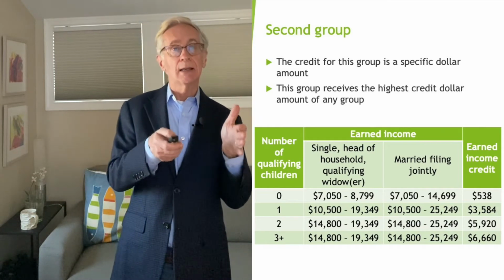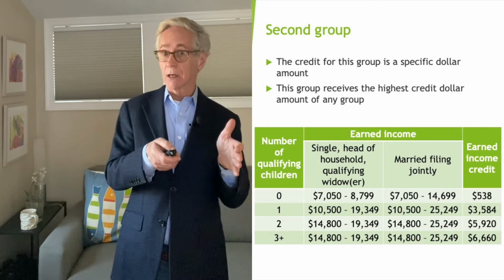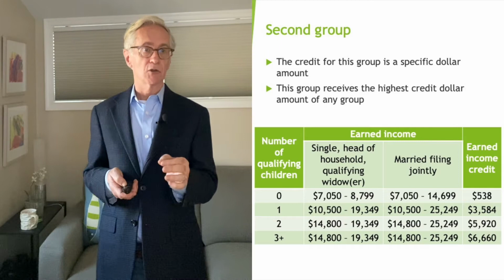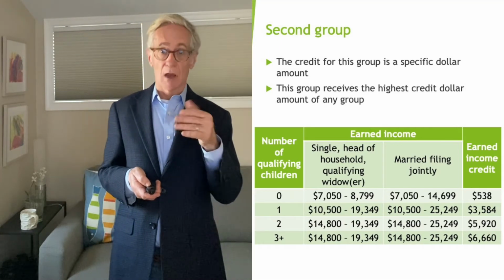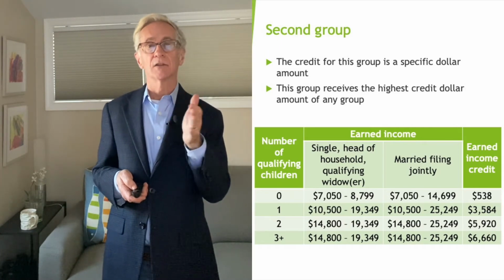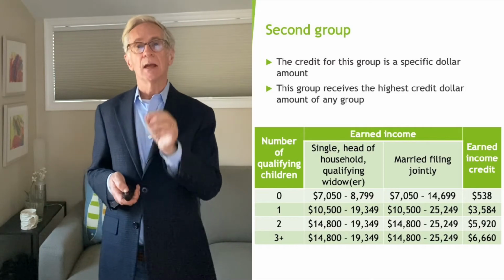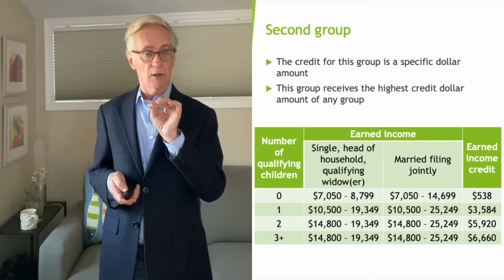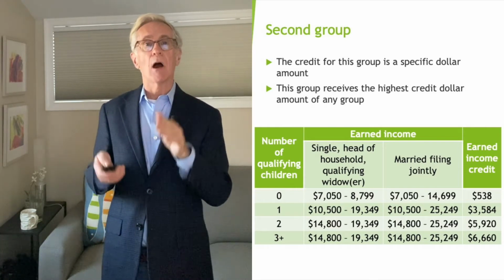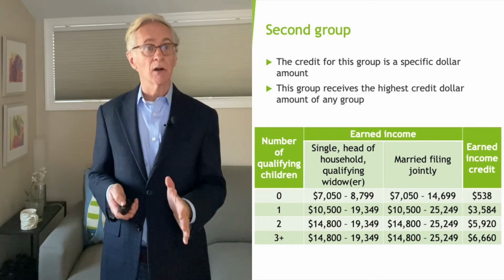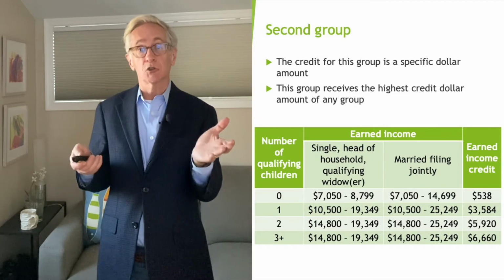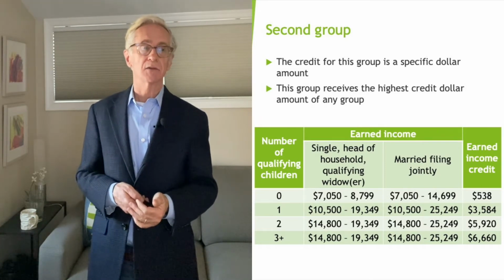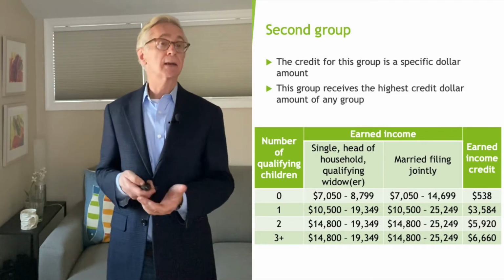And does my earned income fall within these ranges? If it does, based on your filing status, go over to the last column. That is precisely the amount of your earned income credit. Because this group all get the same dollar amount, it's just easy to show what that dollar amount is.